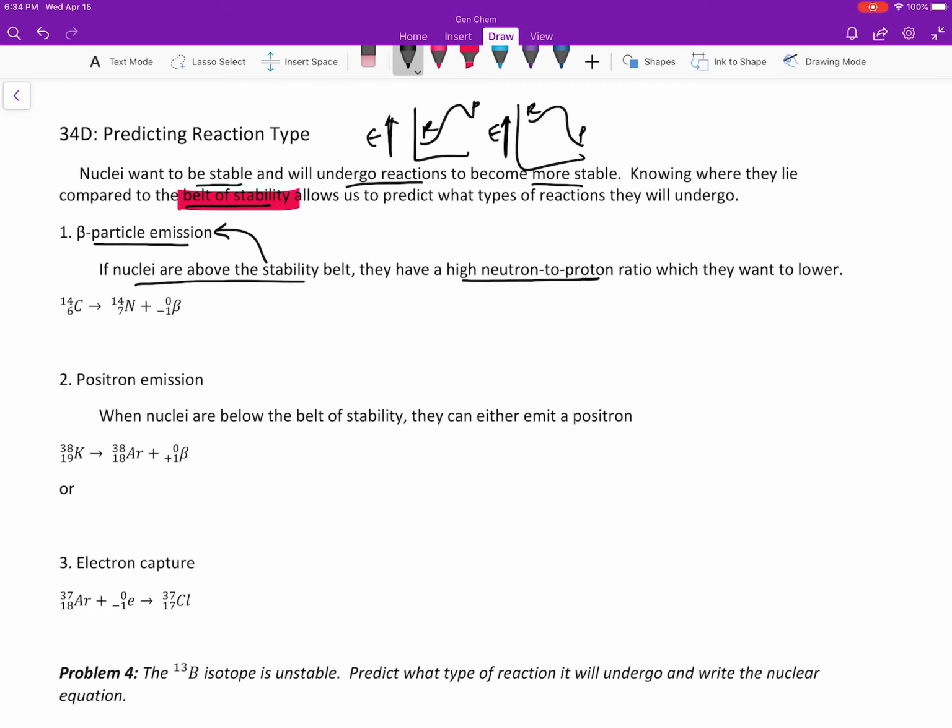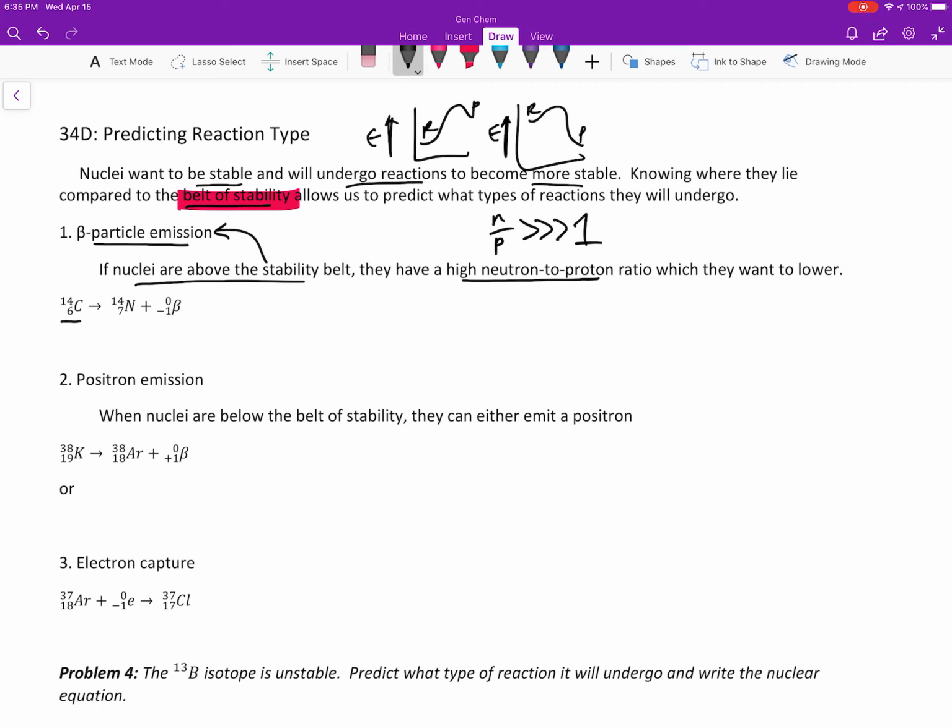They have a neutron-proton ratio that is too high. So we're going to say it's much higher than 1. Okay, too many neutrons for every proton. So they're going to want to lower that down, not to 1-to-1, but maybe like 1.5 to 1, maybe it's 2 to 1.